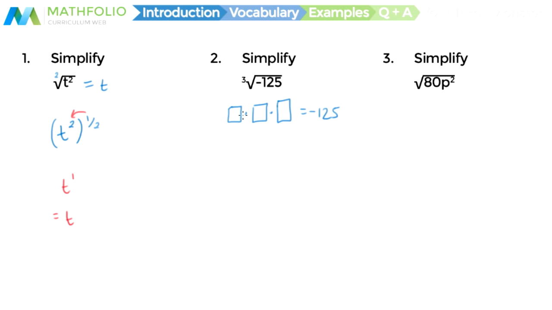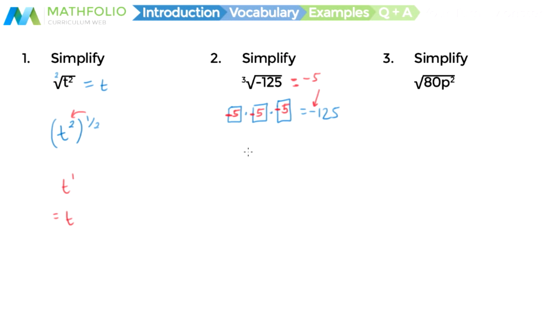Well, 5 times 5 is 25, times 5 is 125. So we know 5 has something to do with it here, because 5 times 5 times 5 gives you the 125. But we can't forget this negative. So in fact, negative 5 times negative 5 is positive 25, and then when we times positive 25 by negative 5, we do get to negative 125. So our answer here is in fact negative 5.